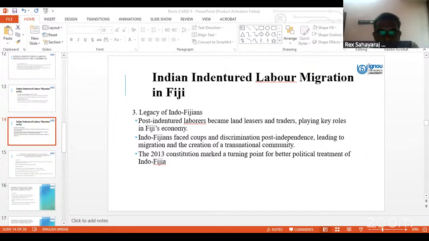The same is seen in South Africa and Malaysia, everywhere. The same conditions were prevailing.